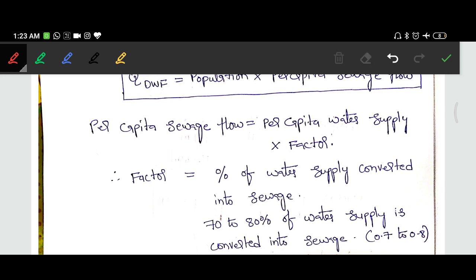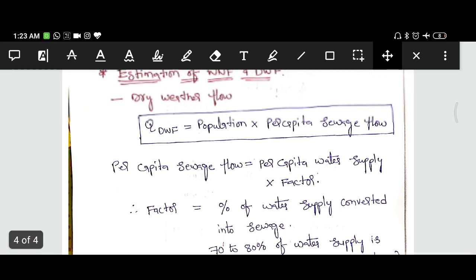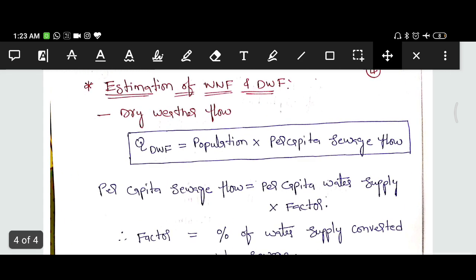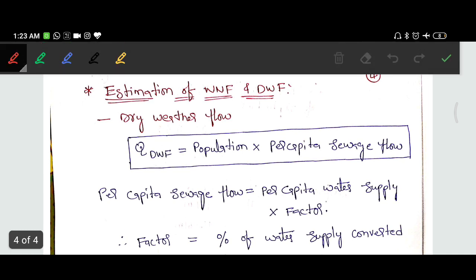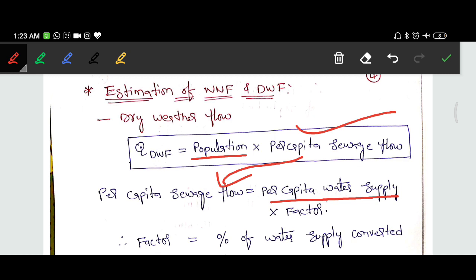In that, how much percentage will convert into wastewater or sewage water? That is the factor. So the formula for dry weather flow is population into per capita sewage flow. The per capita sewage flow is nothing but per capita water supply into factor.